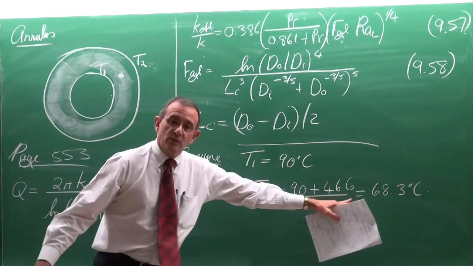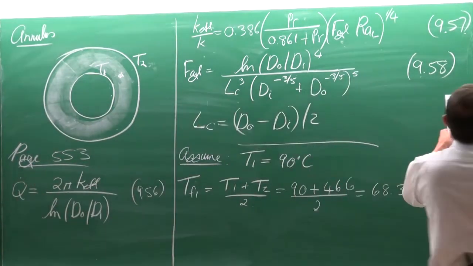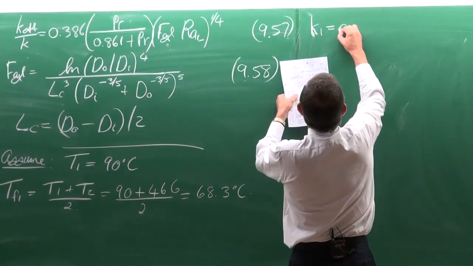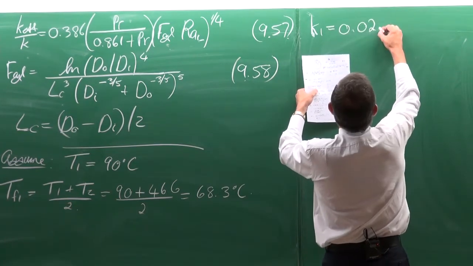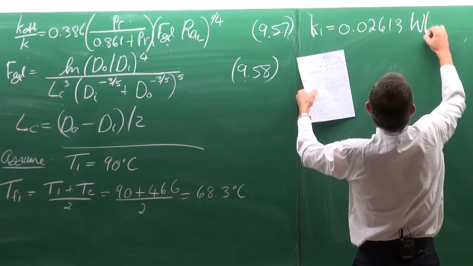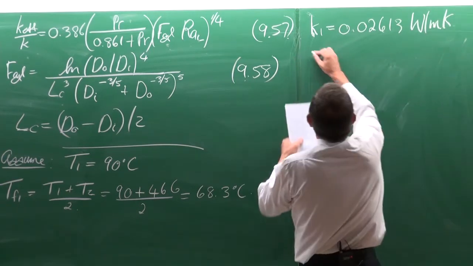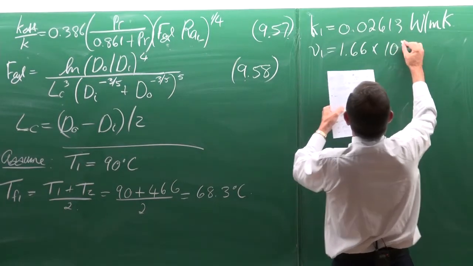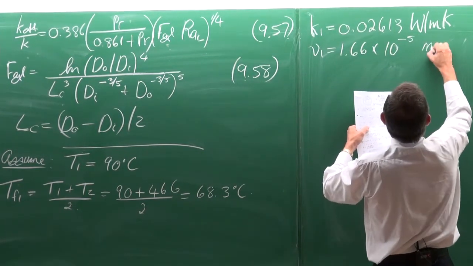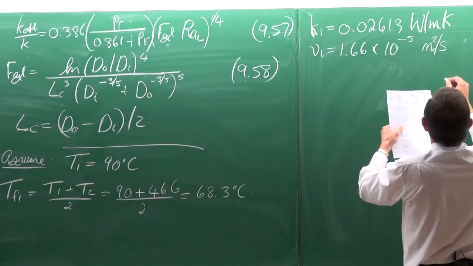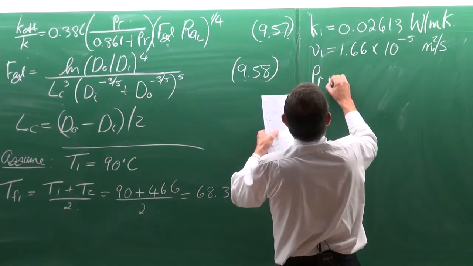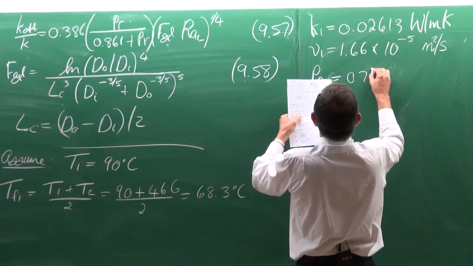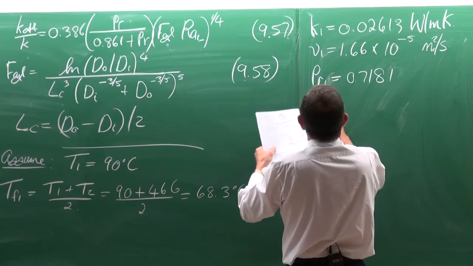At that temperature, we can determine all the properties. k1 would be equal to 0.02613 watts per meter Kelvin. The viscosity nu1 would be equal to 1.66 multiplied by 10 to the minus 5 square meters per second. Prandtl 1 would be equal to 0.7181.